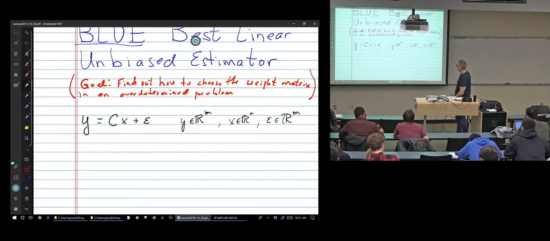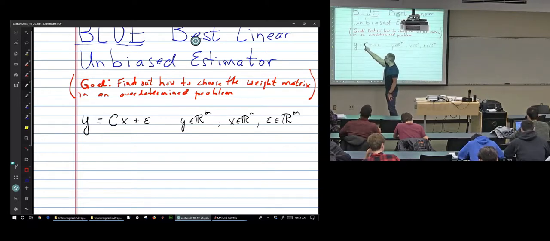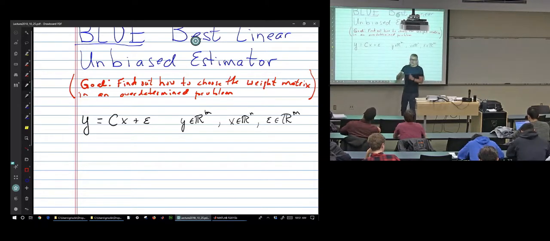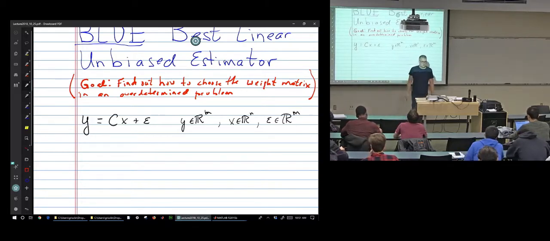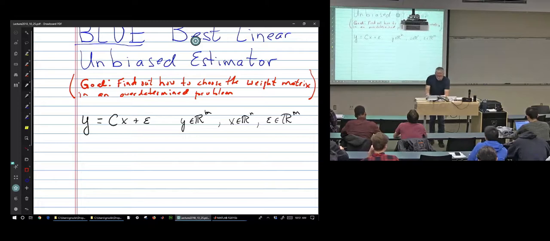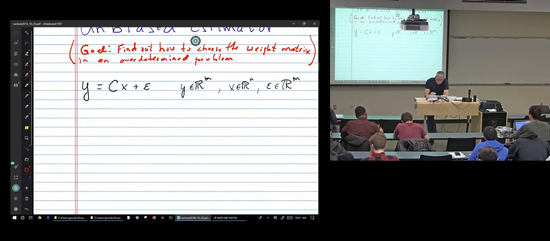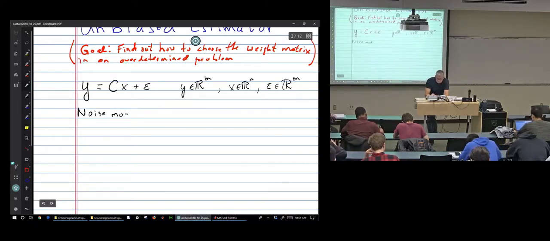Now this is going to be an overdetermined problem once again, so I am going to eventually assume the columns of C are linearly independent. What's going to be different here is I'm now going to give you a model. We're going to assume a model for epsilon, which is the noise. Okay, so noise model.